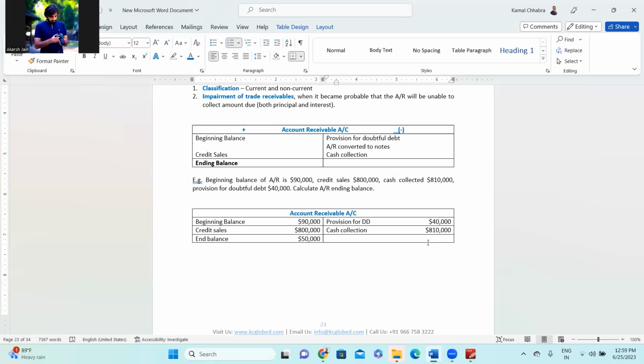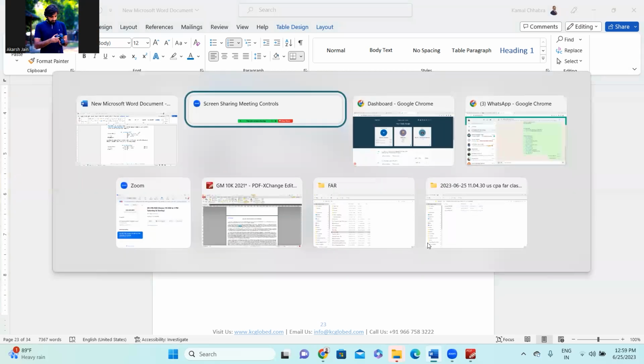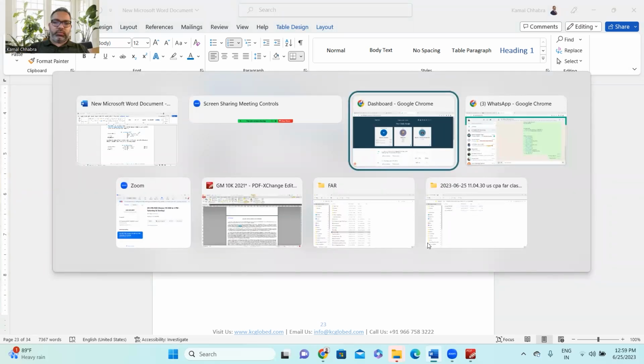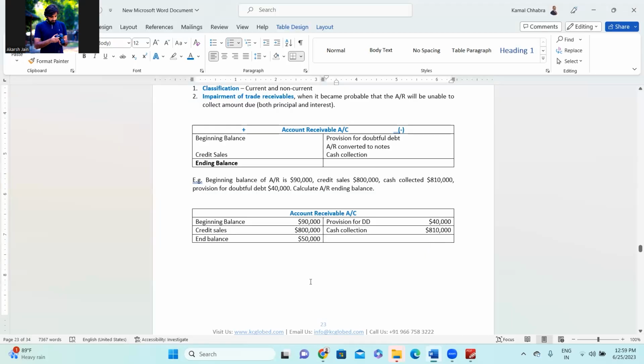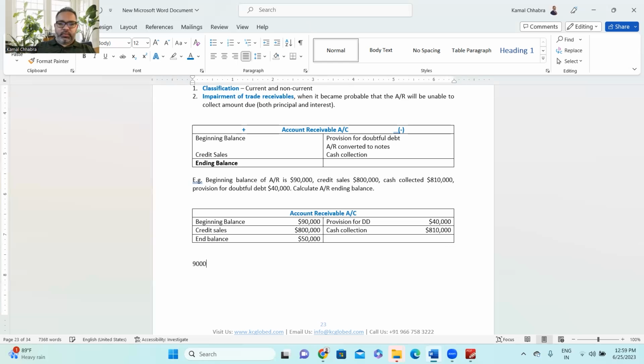So 90 plus 800 is 890. Minus 810, and minus 40 as well. 90,000, sir. How did you calculate 90,000? Debit add, debit minus, sorry. Sir, the beginning balance was 90,000 plus 800,000 is 890,000. It should be written on the credit side.